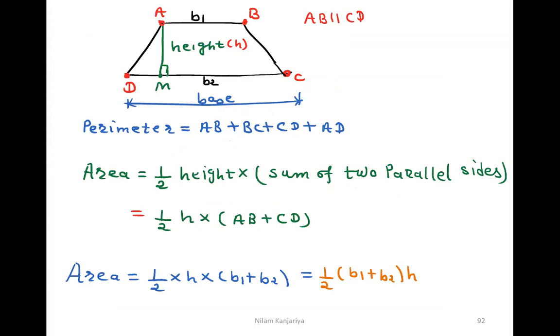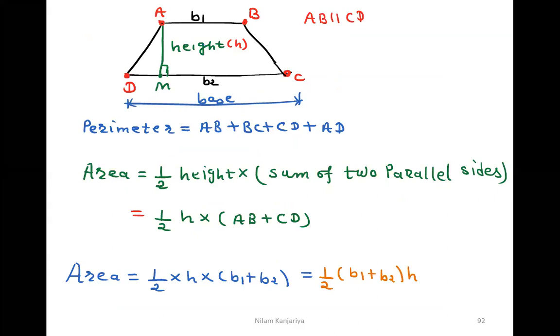So perimeter is the sum of all sides, just addition, and area is the formula for the trapezium: 1/2 base into height. Base means these two parallel sides. Before we discuss the definition of the base: base means the two sides which are parallel.